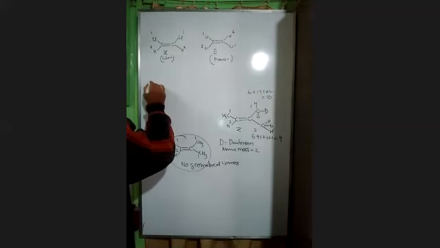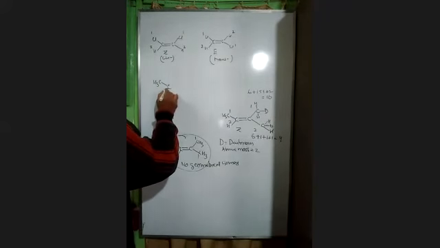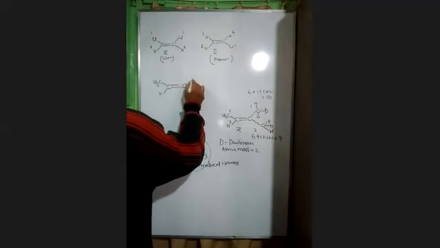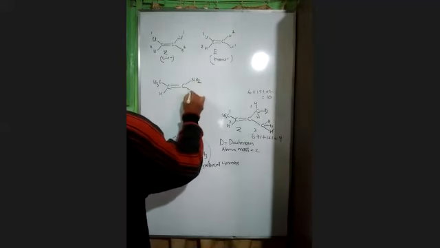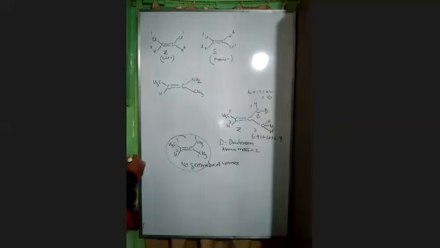See now, suppose you have got CH3, then this is H. I'll not go for such difficult examples. Say it is NH2 and this is CH3. See here, this is 1, this is 2. Nitrogen atomic number is 7 and carbon is 6.